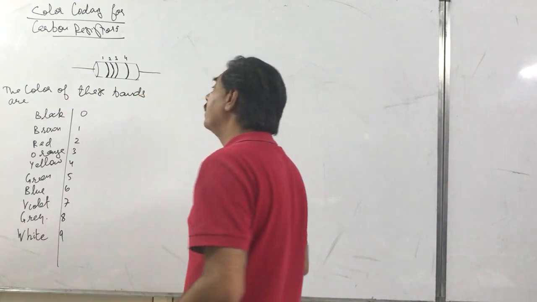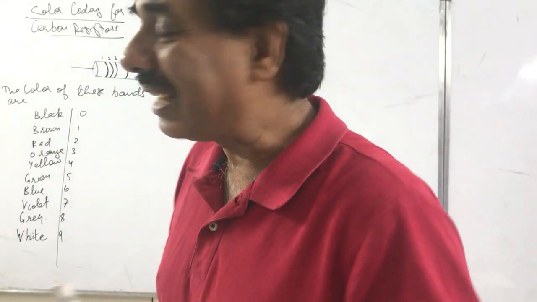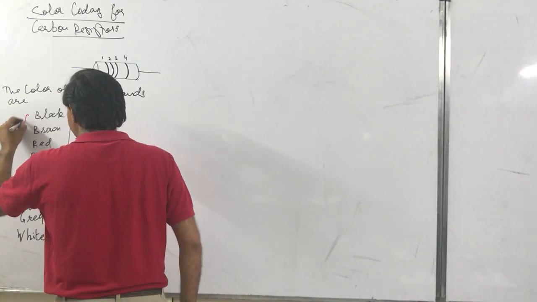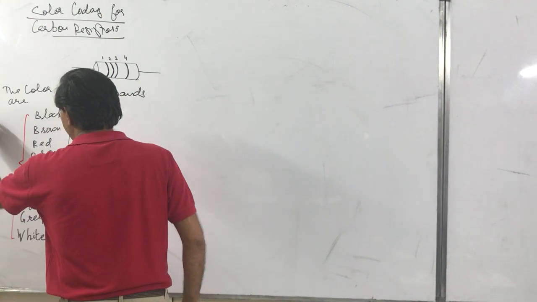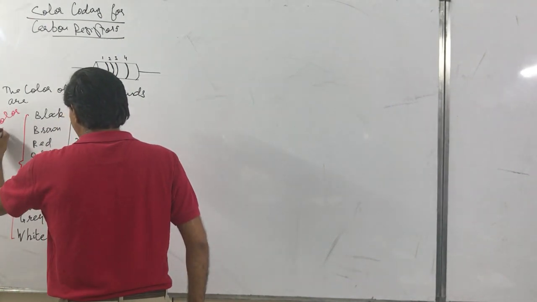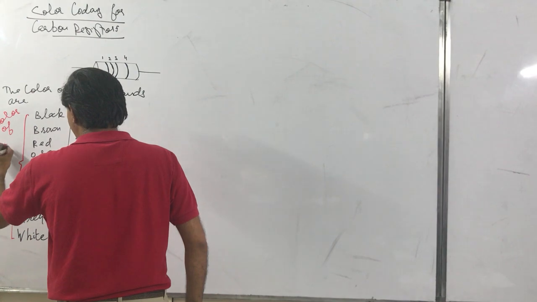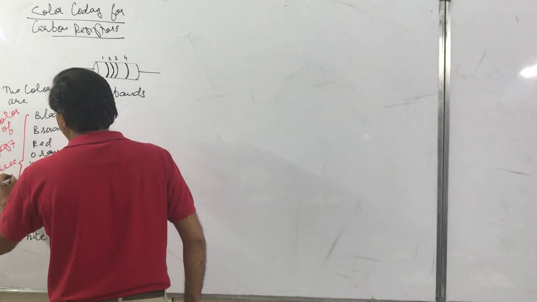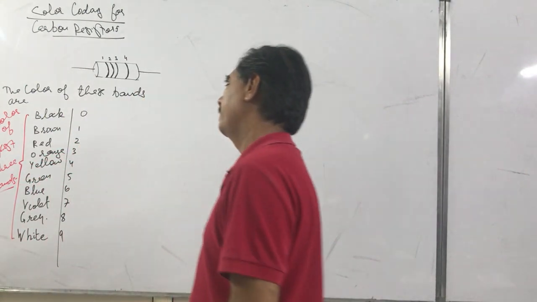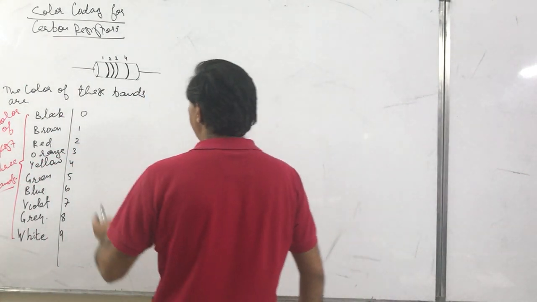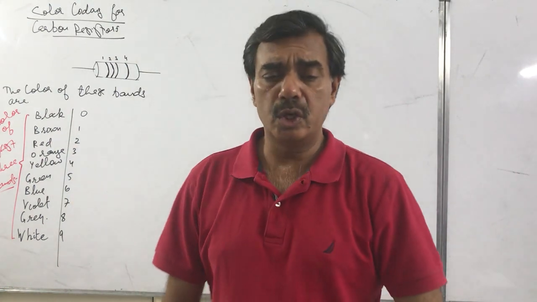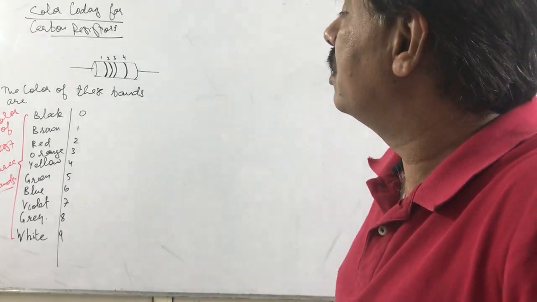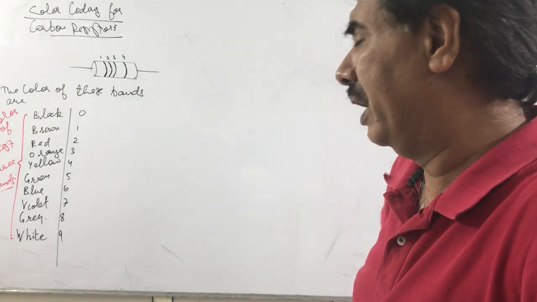This is the color of the first 3 bands, right? And black digit would mean 0. The brown digit would mean 1, the red would mean 2, the orange would mean 3, the yellow would mean 4, and so on and so on.